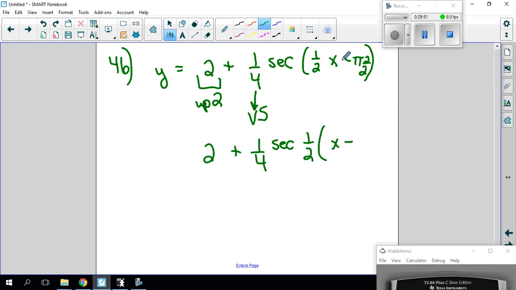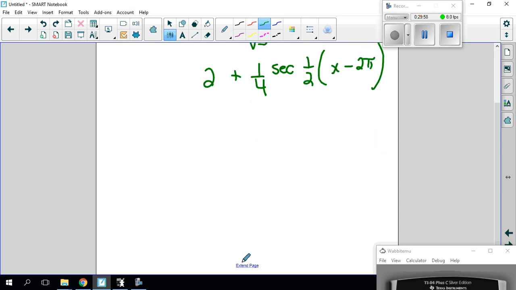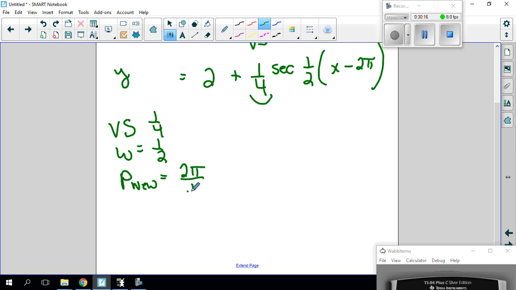So ripped out the 1/2, rip out a 1/2 minus 2 pi. So the vertical scale, 1/4. No vertical flip, omega, 1/2. Period for the 4, sine, cosine, secant, cosecant is 2 pi over 1/2.